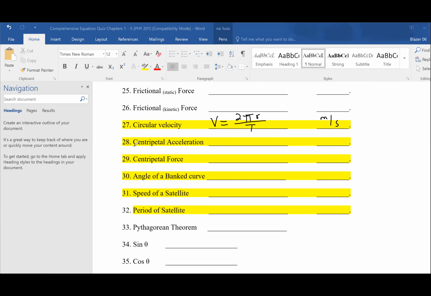Now, this word centripetal means that this is the acceleration of an object that's moving in a circle as opposed to linearly. And this is defined as this velocity, whatever it is, squared divided by r. But the units are still meters per second squared. Okay. So for right now, I want you just to get a basic understanding of these equations.